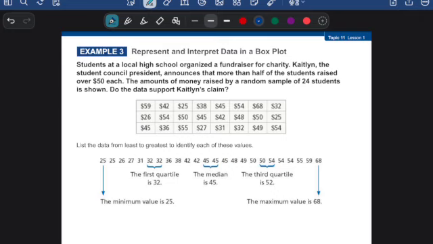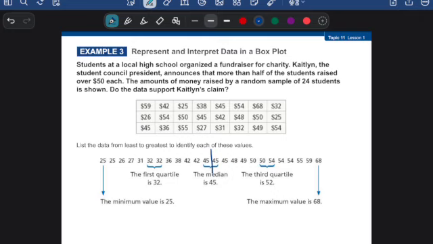So if I'm counting from the minimum, 12 students from the least number should get me right here. I should have 12 data points to the left of the median and 12 data points to the right. I'm splitting the data exactly in half. So the median would be at 45. The minimum we already said was at 25, and the greatest value was at 68.